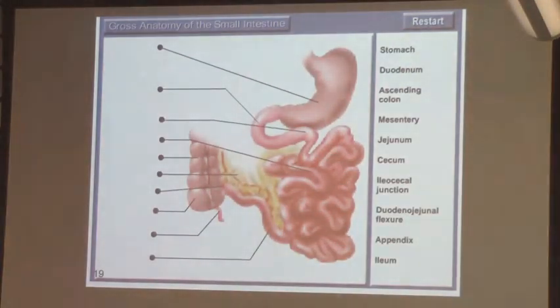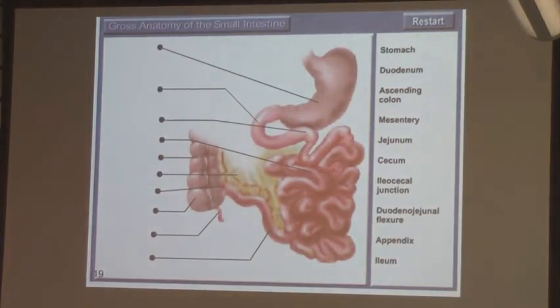Brandon, the laser's coming to you. This is the mesentery. Yep, the yellow stuff that we cut out of the cadaver in order to elongate the intestines is the mesentery.